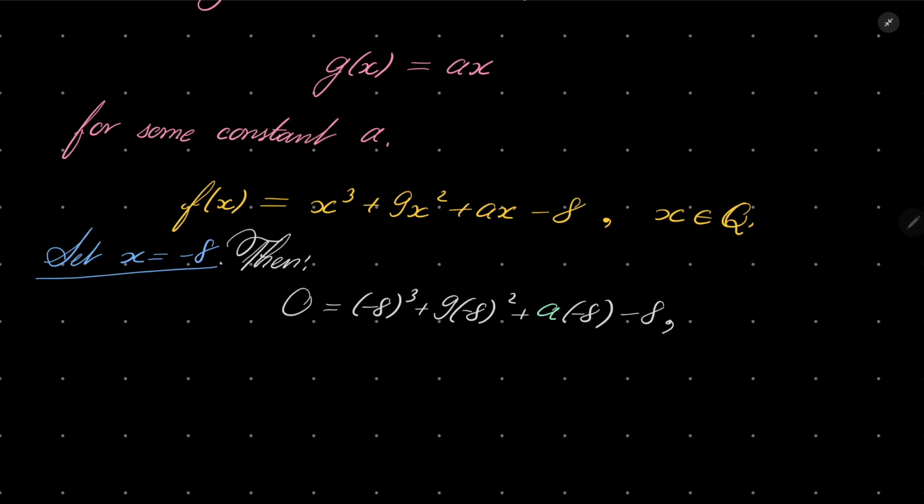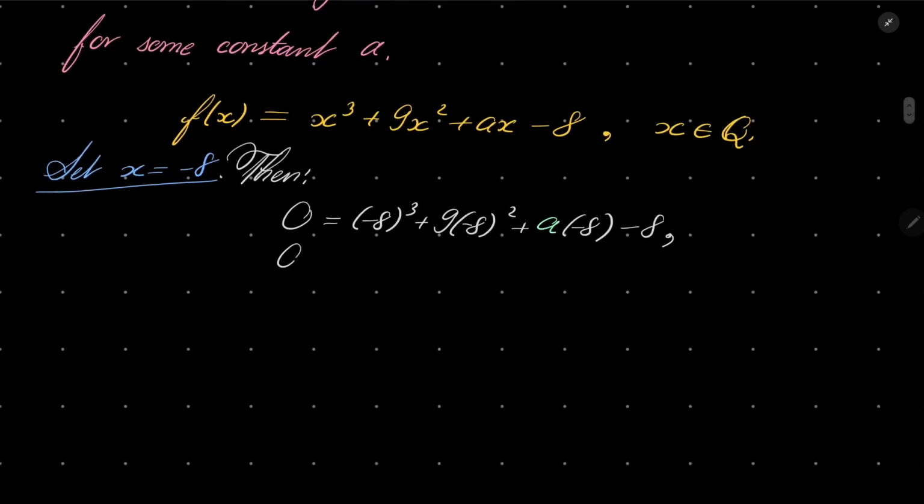Here we have minus 8 times 8 squared, here we have plus 9 times 8 squared, minus 8 times a, minus 8. Minus 8 times 8 squared plus 9 times 8 squared is just 8 squared.